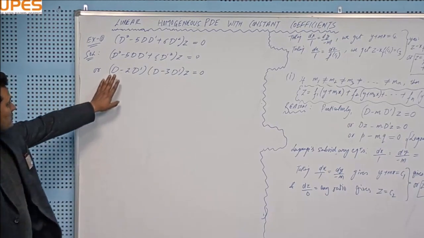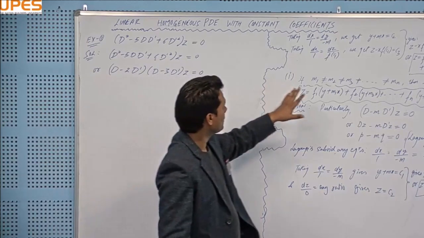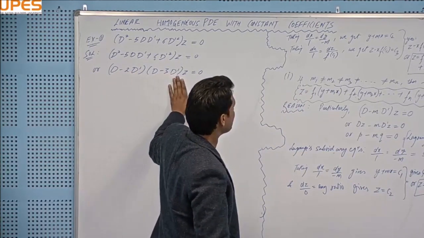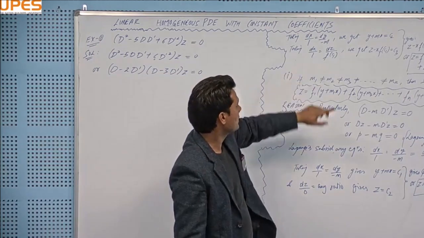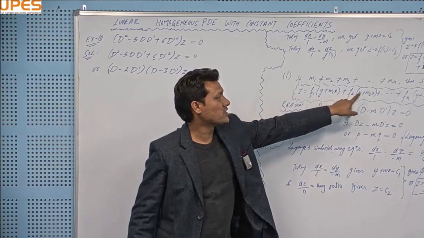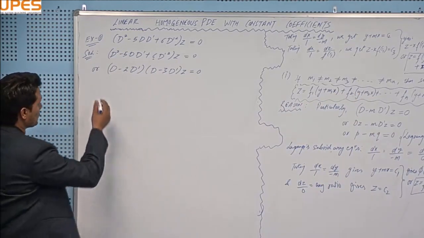Now comparing this result with the factorized form (D minus m1 D dash)(D minus m2 D dash) from the previous statement, I will get the solution of the form f1(y plus m1 x) plus f2(y plus m2 x), because 2 and 3 are distinct roots.